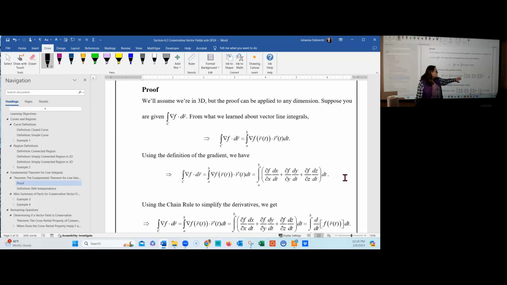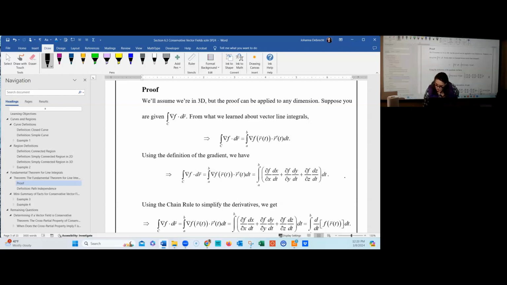When we dot it with r prime of t dt, r prime gives us dx/dt, dy/dt, and dz/dt. And when we take their dot product, we get the partial of f with respect to x, times the derivative of x with respect to t, plus the partial of f with respect to y, times the derivative of y with respect to t, plus the partial of f with respect to z, times the derivative of z with respect to t.